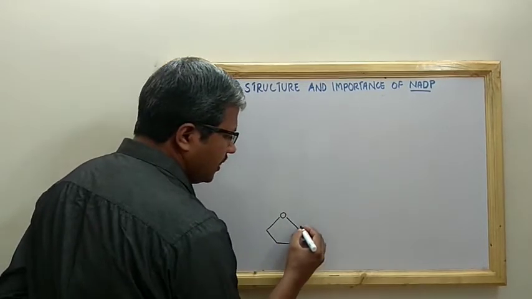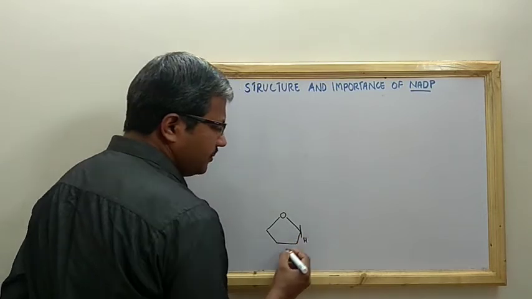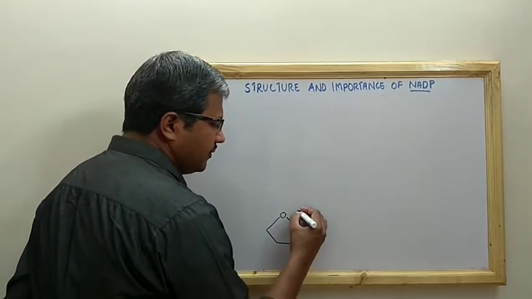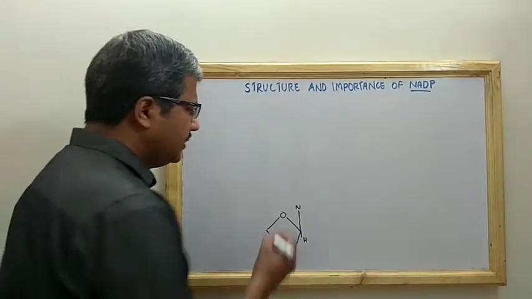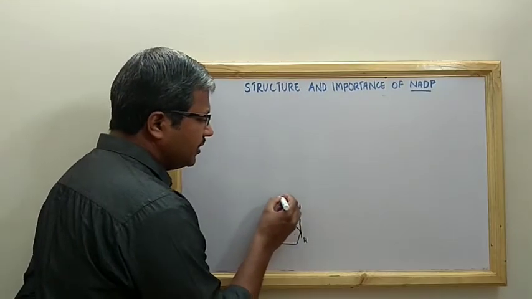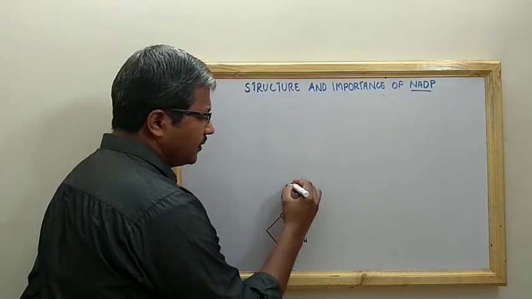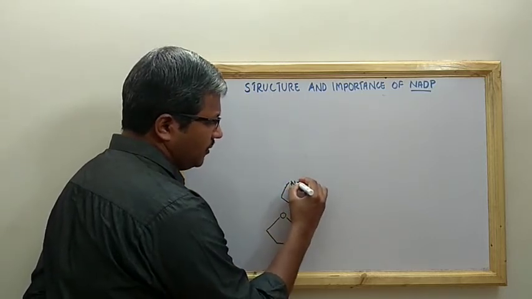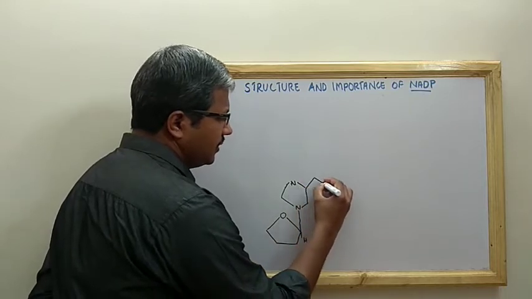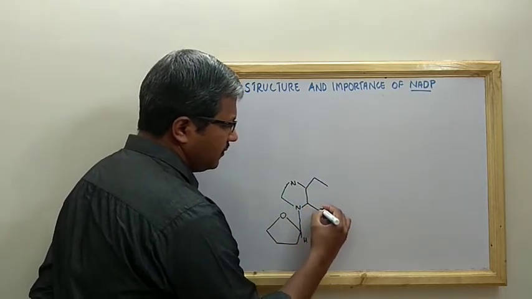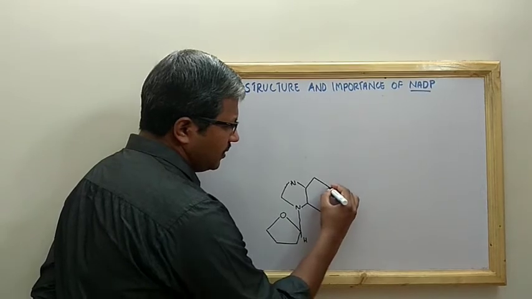Ribose is in beta position, and this ribose is linked with the adenine nucleotide. So I am just drawing the adenine here, and then there is the second ring of the nitrogen base.